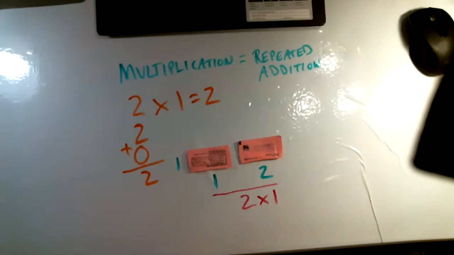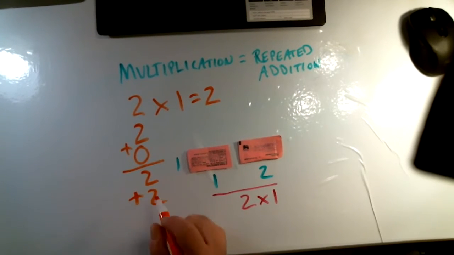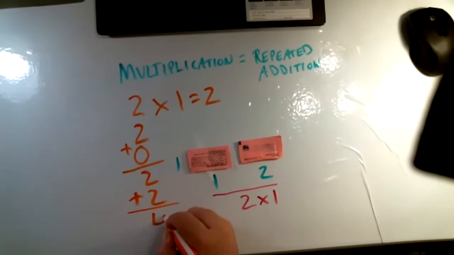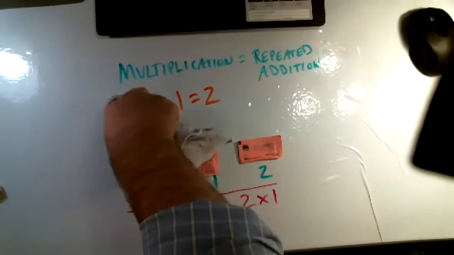But what if we wanted to add 2 to itself one more time? So we added 2 plus 2. Well, 2 plus 2, now we have 4. So what that says mathematically is now we're adding 2 2's.